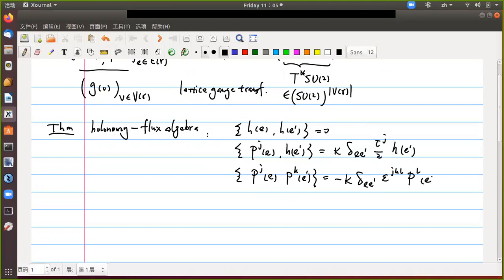The last Poisson bracket I also mentioned last time is very similar to the angular momentum commutation relation from mechanics.